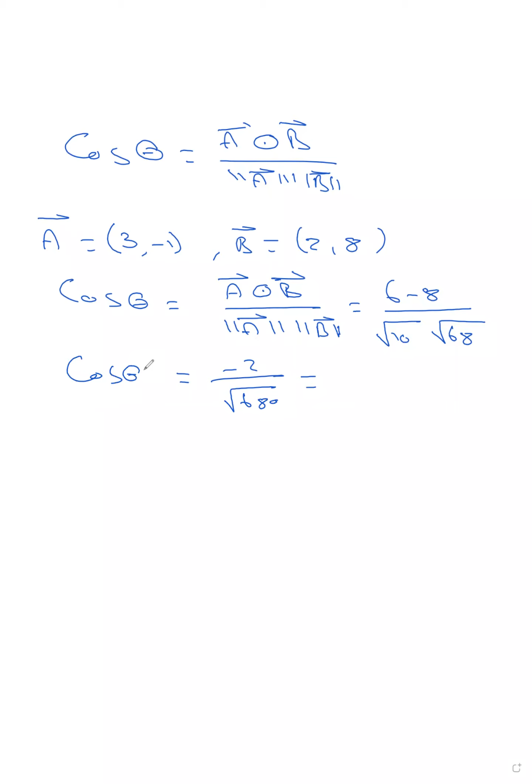Please find the result of this one. -2 divided by the square root of 680 equals negative 0.0766.